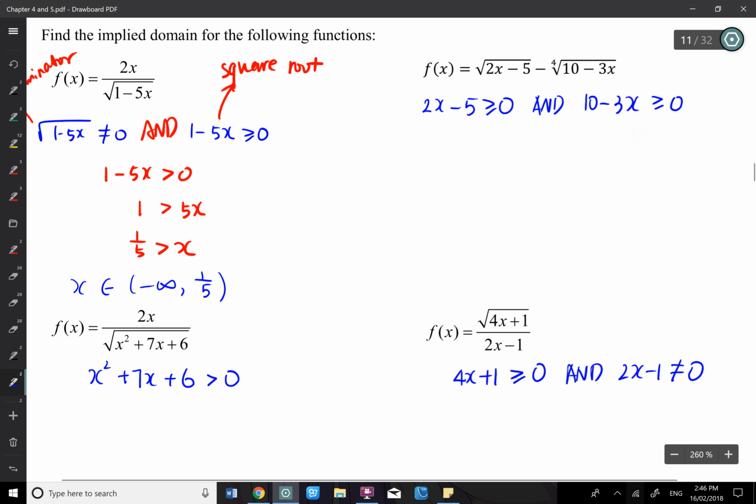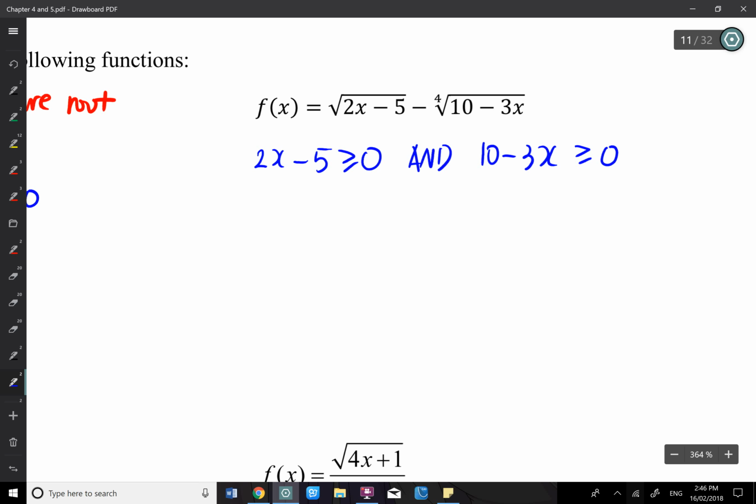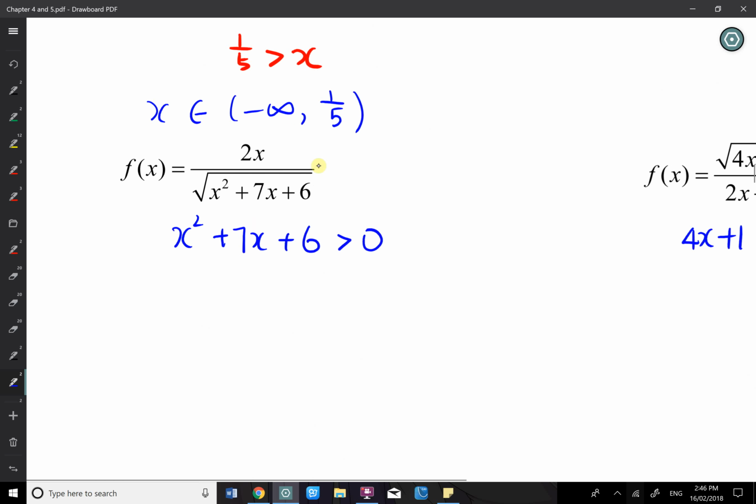As we can see for the second one, someone was a little confused about when we can use the equal sign and when we can't for a square root. If you consider the square root by itself, it can always be 0. There's nothing wrong with square root 0. But why don't we have equals 0 here?